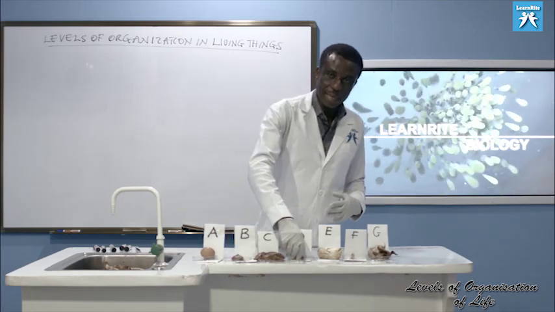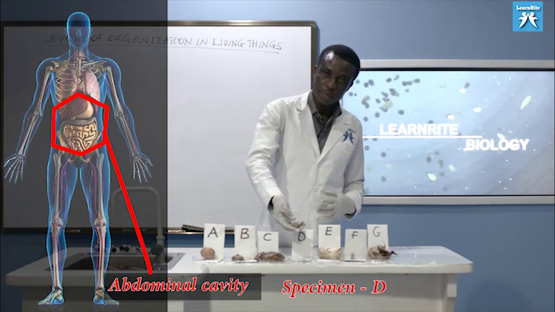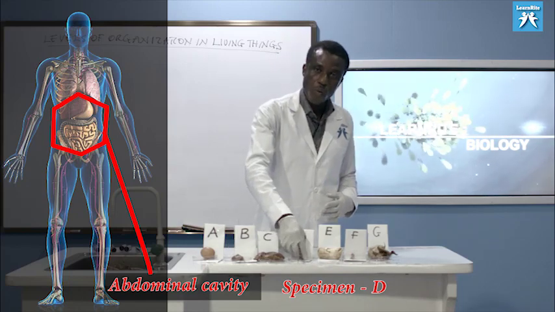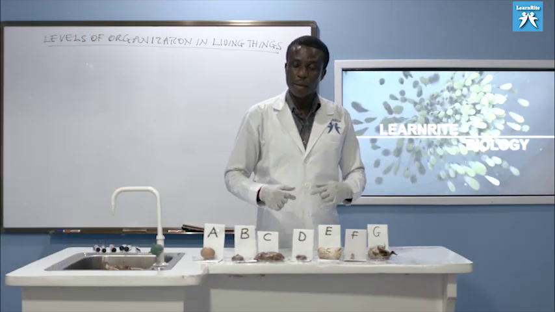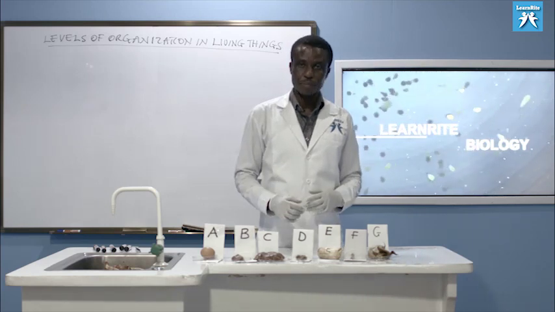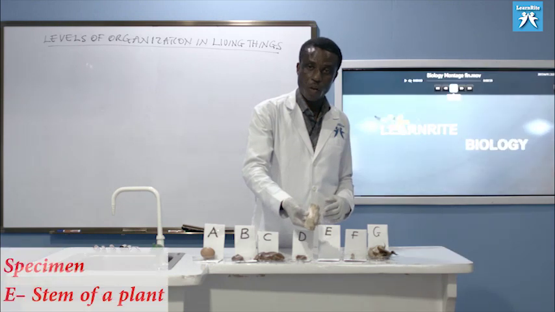What about the kidney? Also in the abdominal cavity, but specifically attached to the dorsal wall of the abdominal cavity. Then this can be found in the stem of a plant.